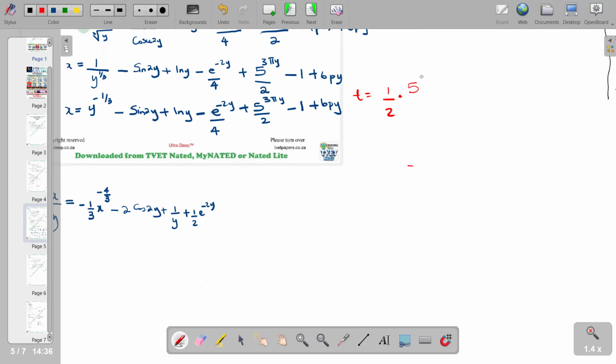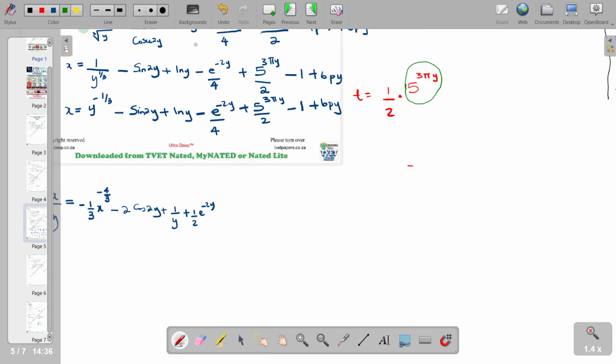Then we have 5 to the power 3 pi y. So this is what we have, but we said it's easy to do with exponential when the base is e. So on this exponent there, we can just simplify that.